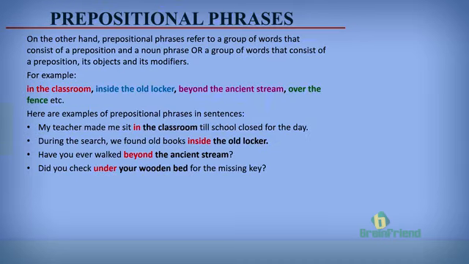Now, what are prepositional phrases? Prepositional phrases simply refer to a group of words that consist of a preposition and a noun phrase, or a group of words that consist of a preposition, its objects, and its modifiers.